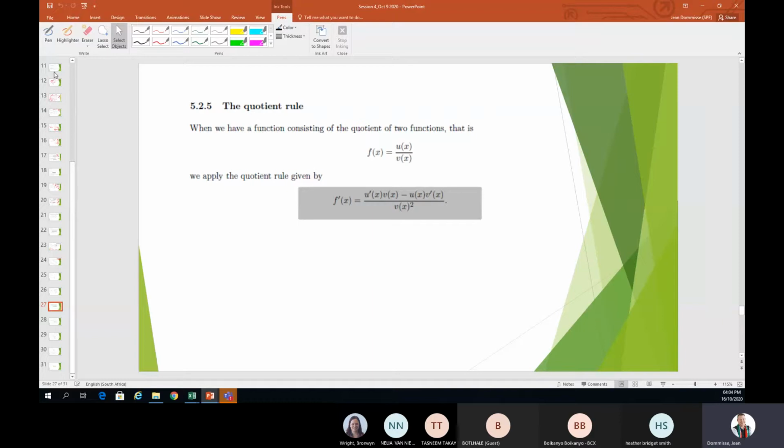I just want to get everybody on the same page. Do we need to go back to one of the previous ones, or can we just go on with the quotient rule? I don't know how you pronounce it, quotient or quotient rule.